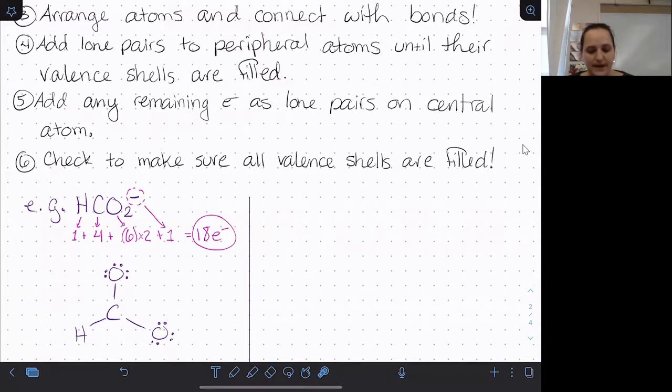So our next step is to add any remaining electrons as lone pairs on the central atom. So we want to check and see, do we have any left that we can add to our central atom? We have 2, 4, 6 bonding electrons in our structure. And we have 2, 4, 6, 8, 10, 12 non-bonding electrons.